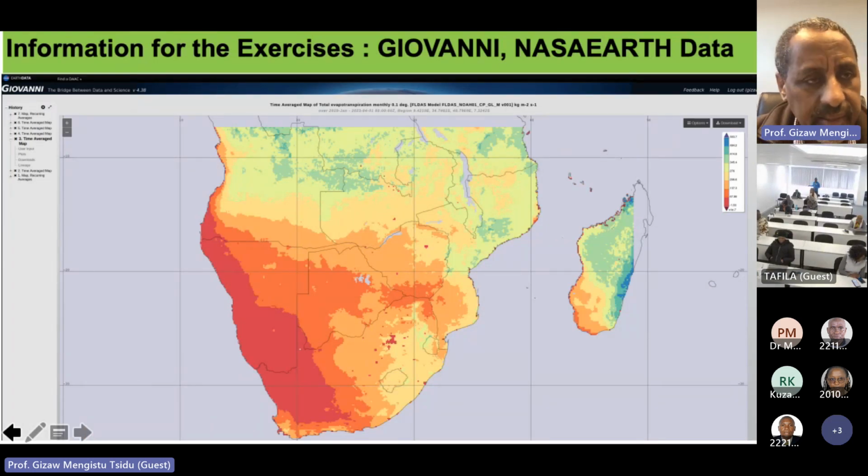That is it regarding the exercise. There are two data platforms. One is Giovanni, which I showed you now. It has a lot of data compared to KNMI Explorer. I provided you with information on both platforms.